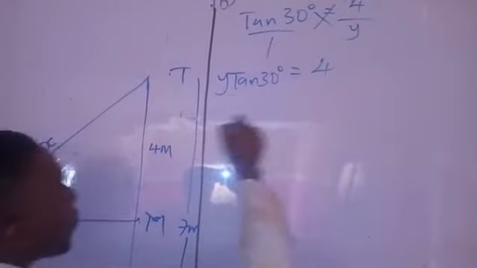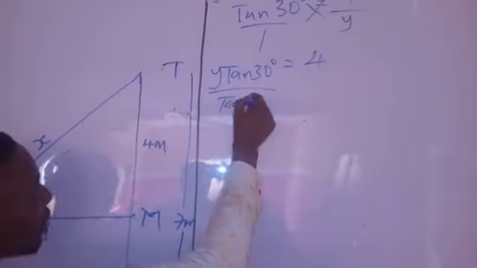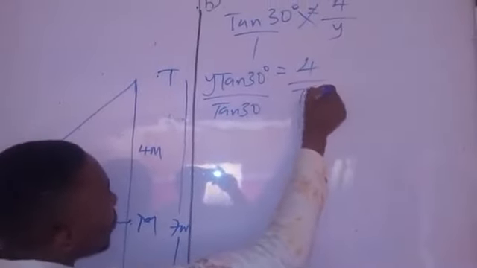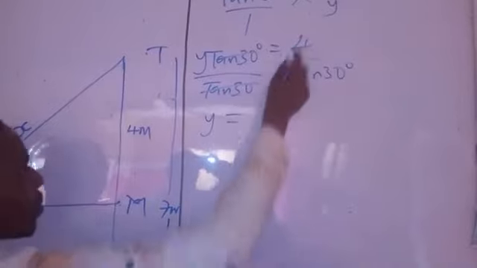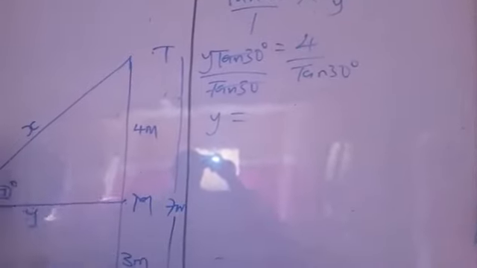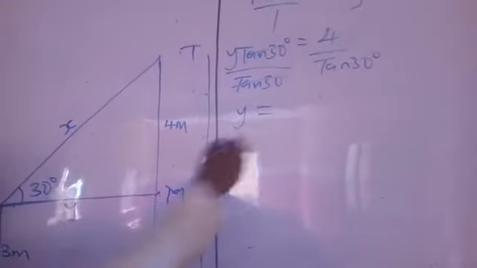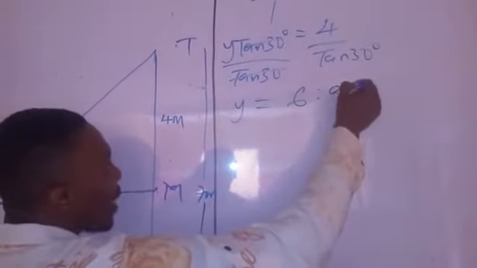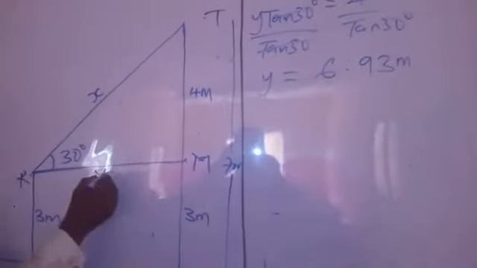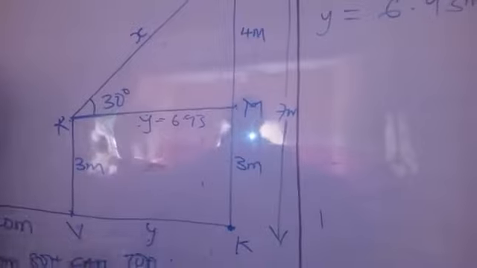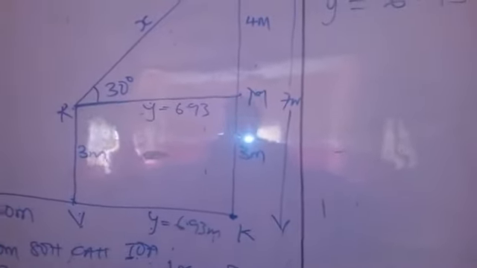Since we are looking for Y, we divide both sides by tan 30. So this cancels and Y becomes 4 over tan 30. 4 divided by tan 30 gives you 6.93 meters. So the distance from here to here is 6.93, which is the same thing as 6.93 this side.